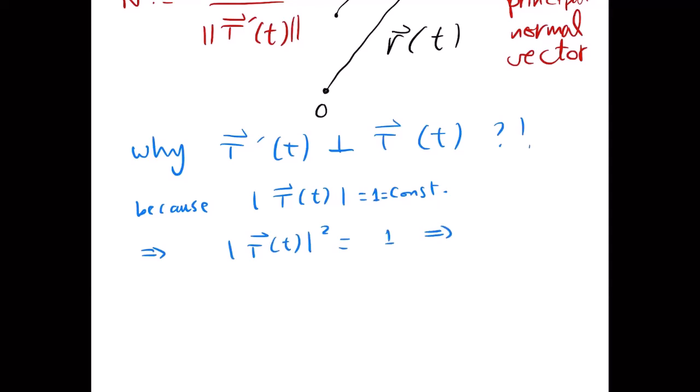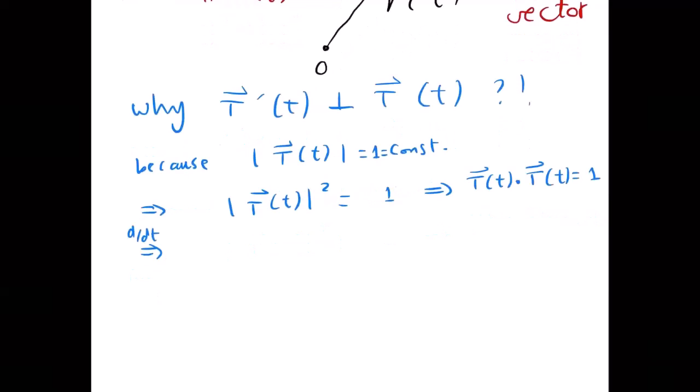As we mentioned last time, this is the dot product of T with itself. So d by dt of both sides gives, using the product rule of differentiation, T prime of t dot T of t, the derivative of the first dot the second, plus the first dot the derivative of the second.